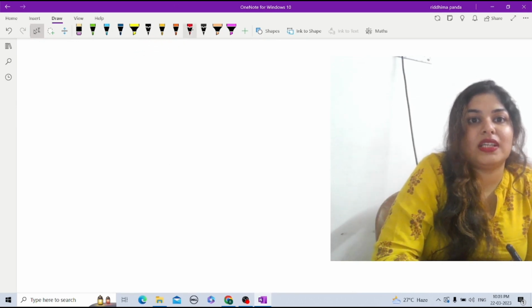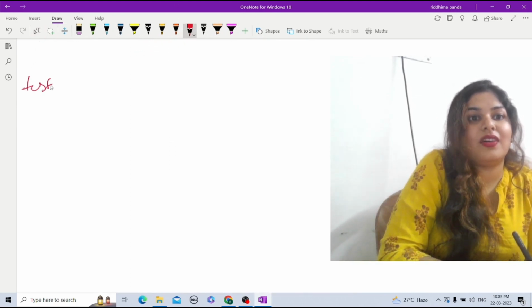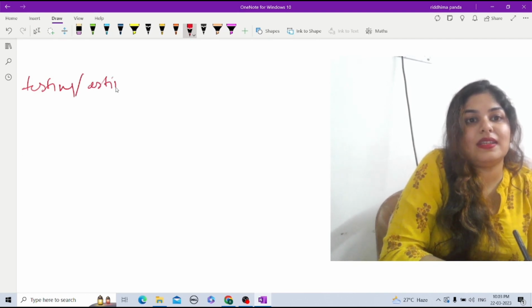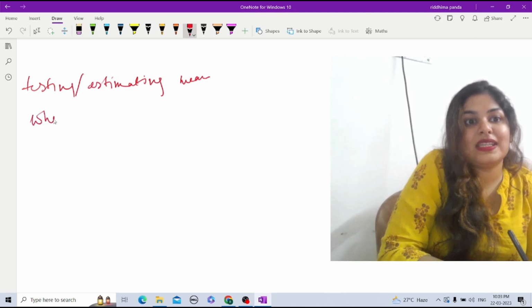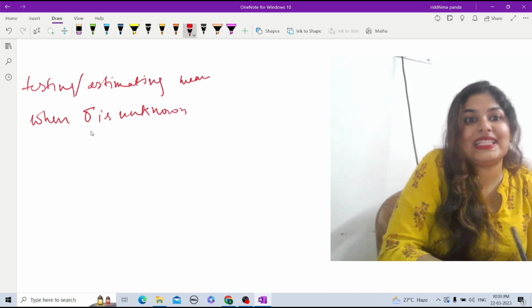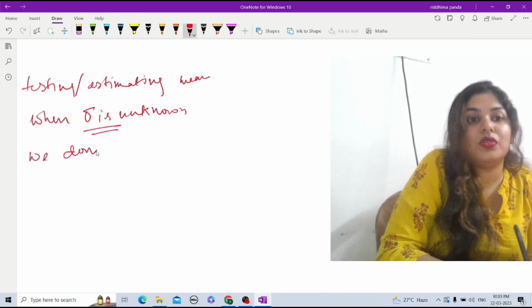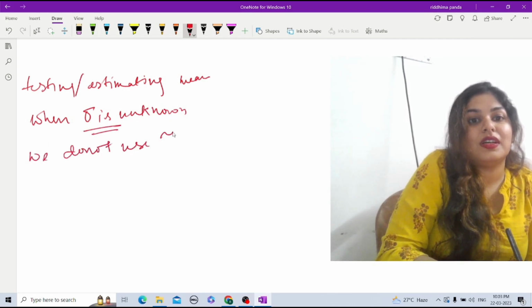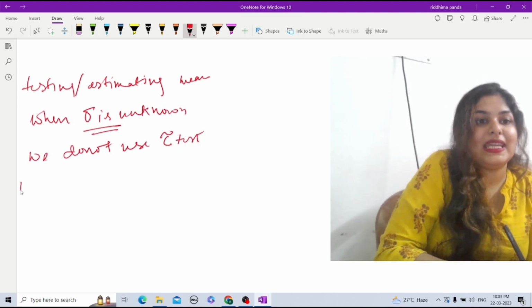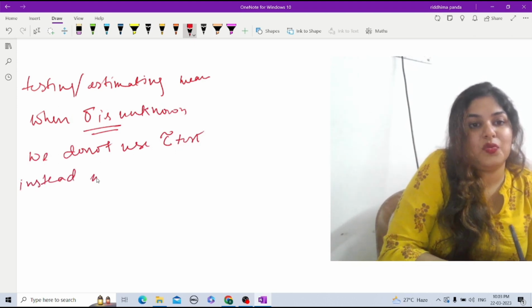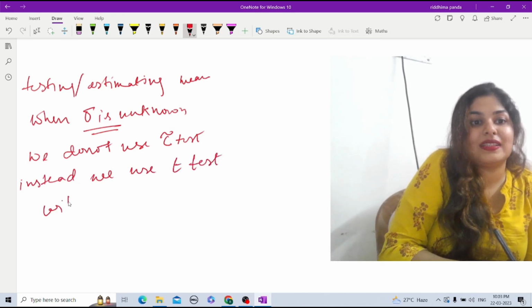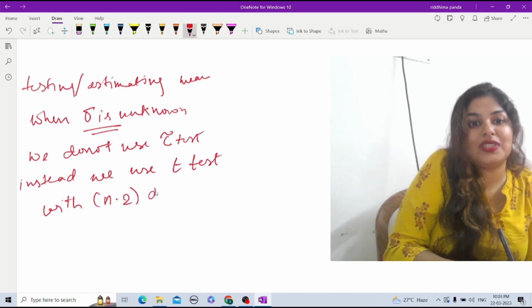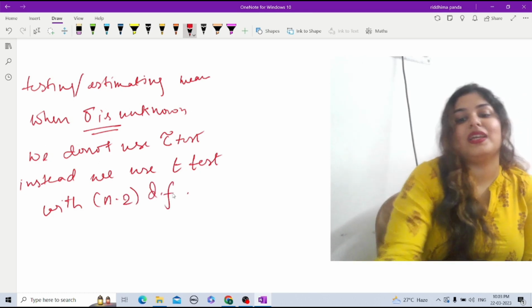This is actually the case of testing or estimating which parameter? The mean, right, when sigma is unknown. So in this case, we do not use the tau test. Instead, we use the t test with n minus 2 degrees of freedom.